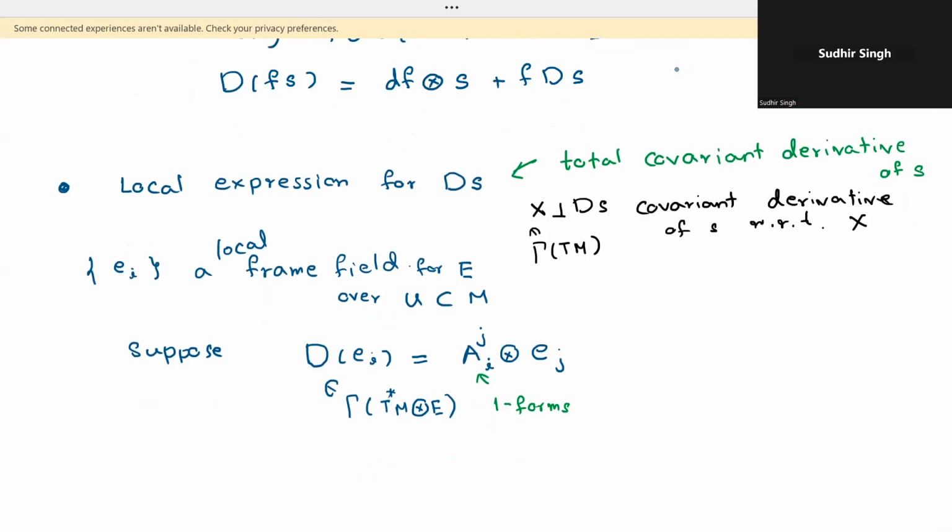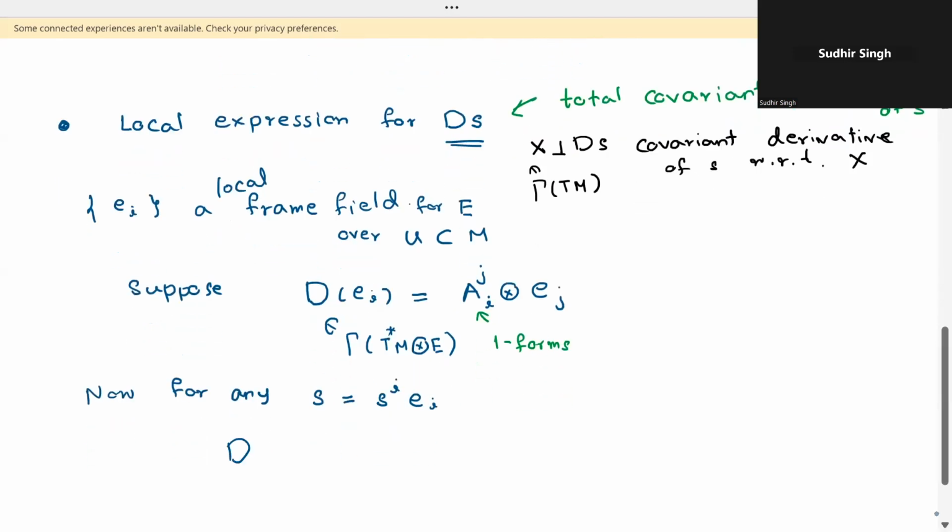we look at the covariant derivative of any section. So for any section S that locally you can write with respect to this frame field like this, then if you consider the covariant derivative dS, you have this. We just use the definition.